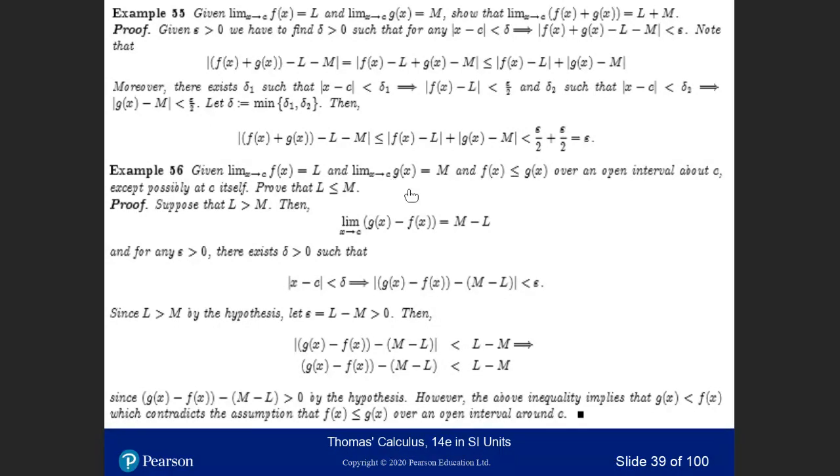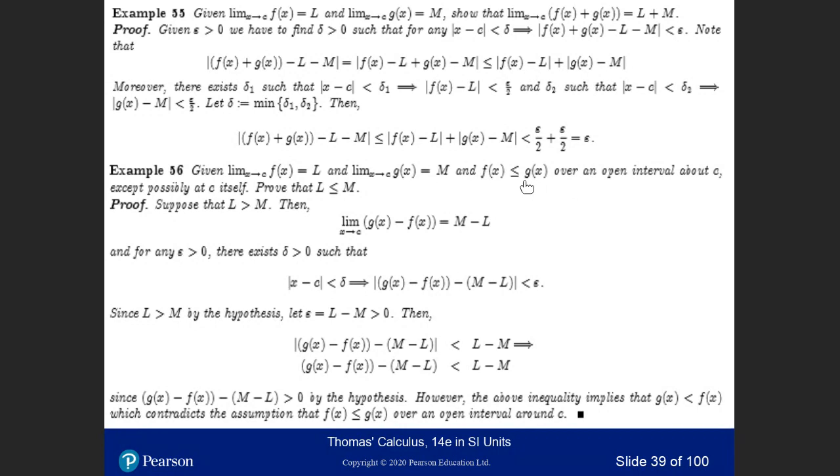That's another theorem which we are going to prove. Suppose that the limit as x goes to c of f of x is L, like here, and the limit as x goes to c of g of x is M. And f of x and g of x satisfy this inequality over an open interval about c, except possibly at c itself. It may or may not satisfy this inequality at c.